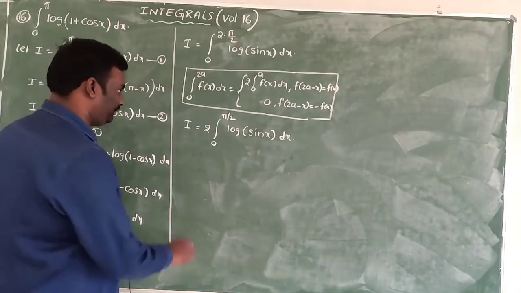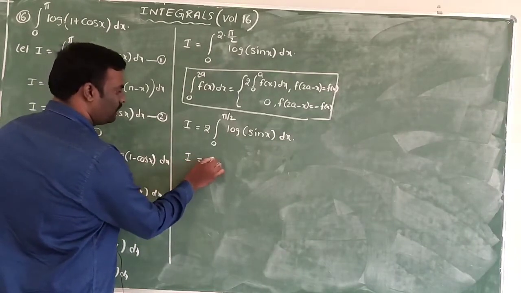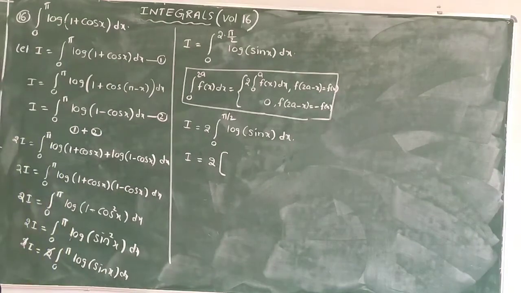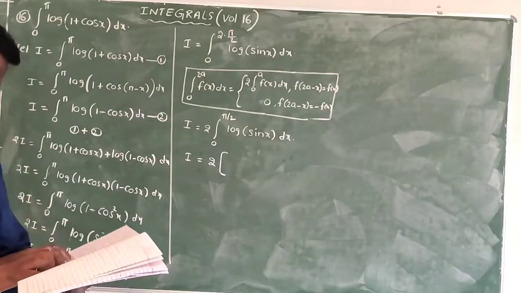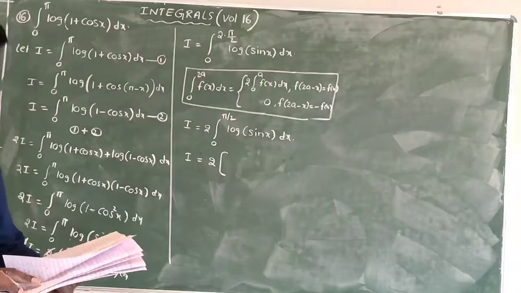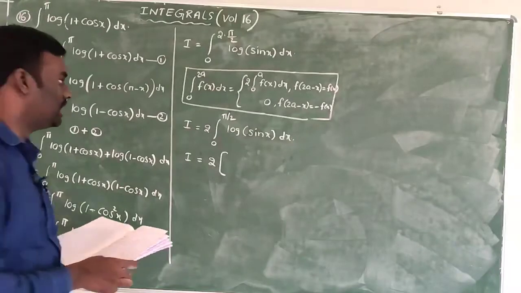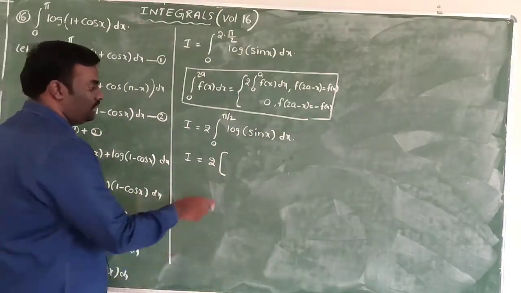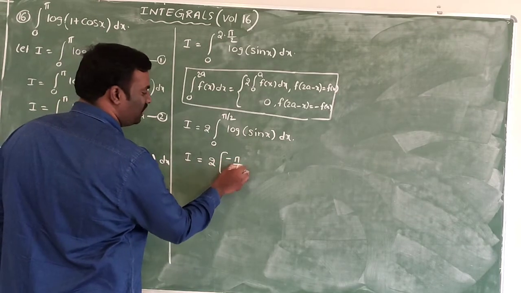Already in the previous session we discussed this, in the 14th volume, second question. Already this proof we did. So what is that proof? Minus pi by 2 log 2.